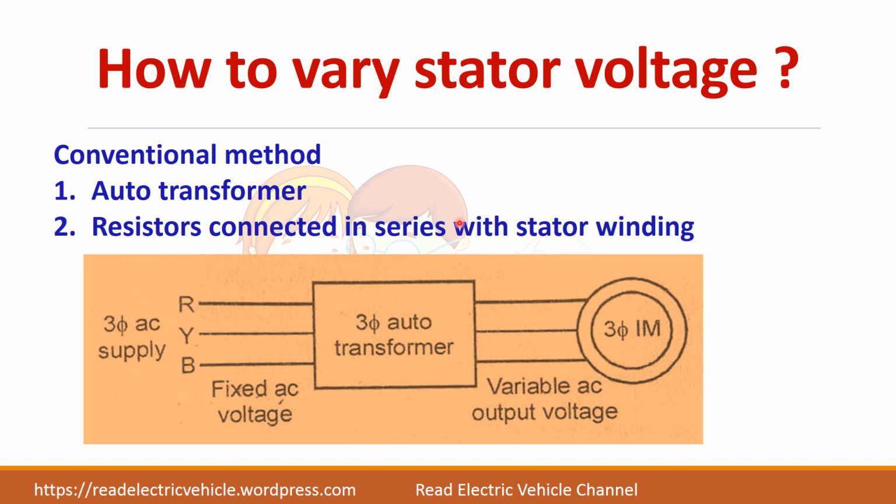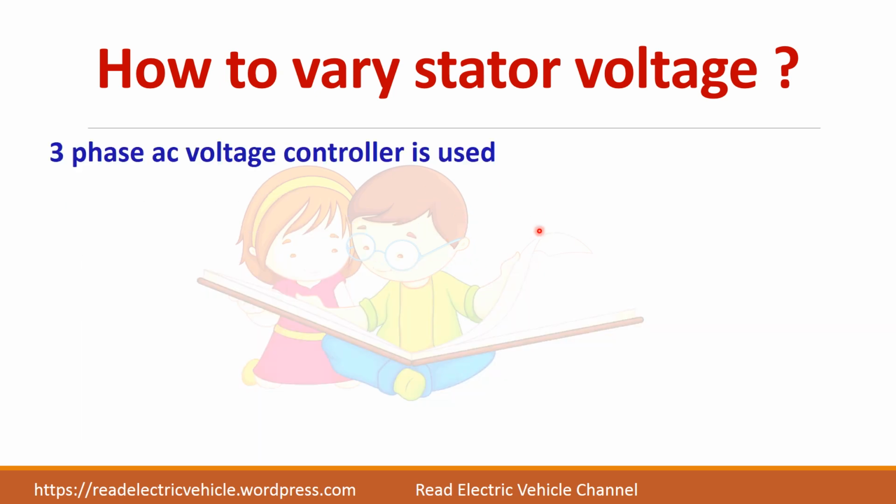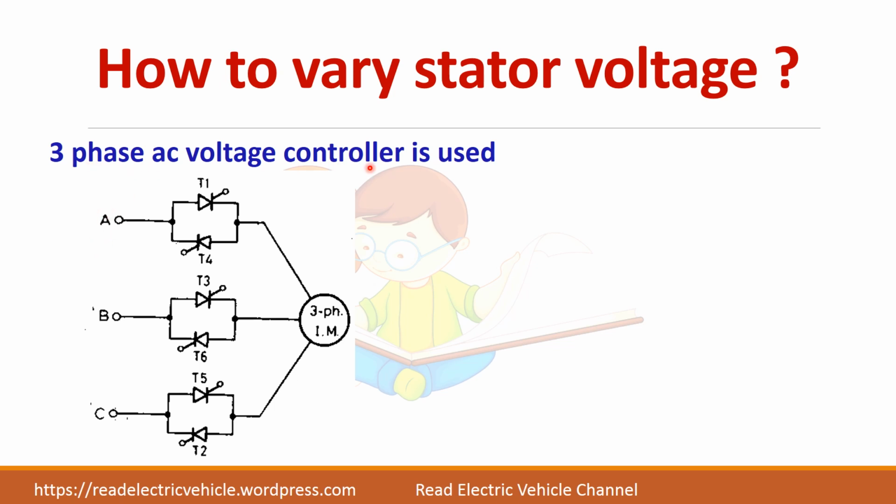But in power electronics, we can use three-phase AC voltage controller because we want to vary only the voltage. So AC voltage controller is sufficient. If you want to vary the frequency also, you can go for cycloconverter. But here we were using only voltage. So for that, AC voltage controller is sufficient.